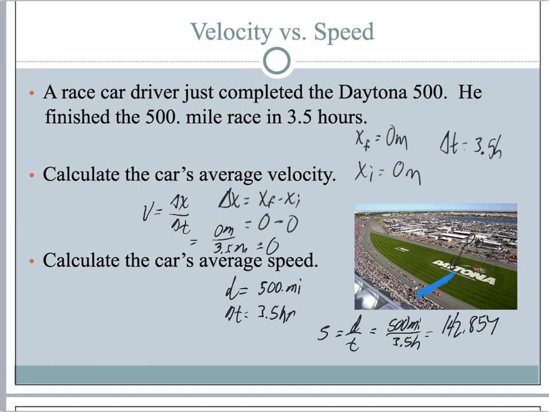If I'm looking at sig figs, the 3.5 might cause us to round to 2 sig figs, so we would look at it as 140 miles per hour. And do we need a direction for our answer? No, we do not, because speed is just a scalar quantity. So in this case, the speed is 140 miles per hour, while the average velocity is 0.